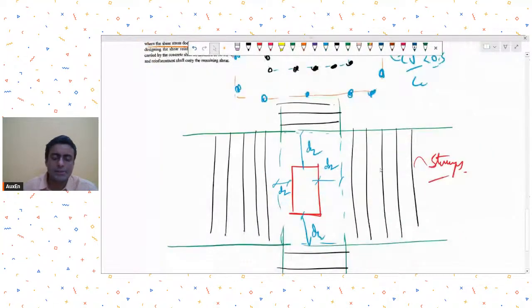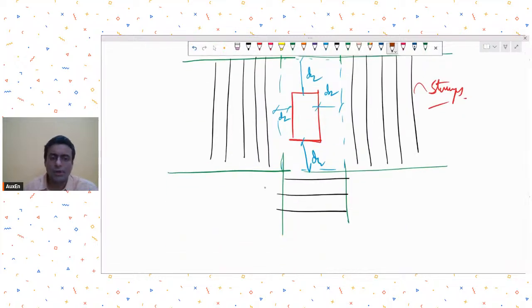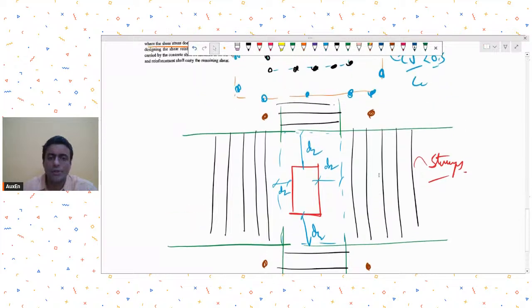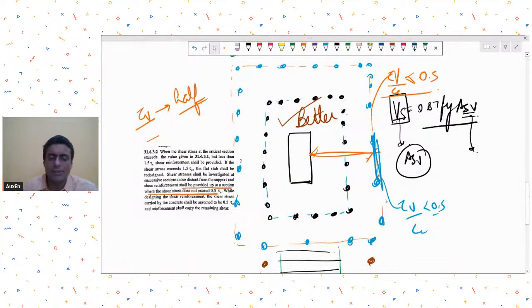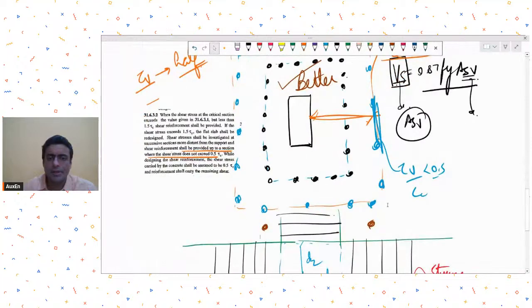Because in this beam-like arrangement, we are missing out on these points, which are not getting any reinforcement. So we are missing out on these corners. Okay. In this arrangement where we are providing links all around, we are not missing out on those four corners. So in my view, this arrangement is the better arrangement.